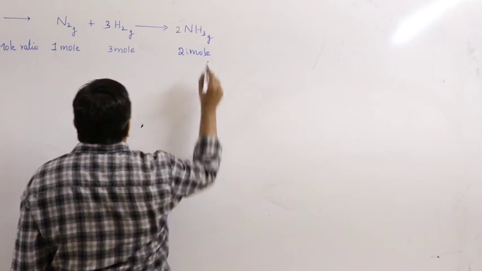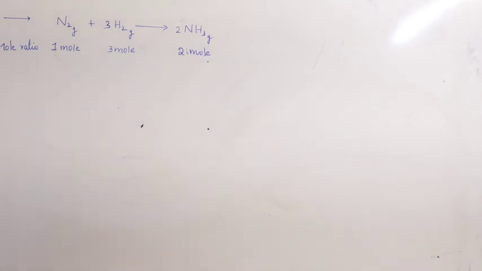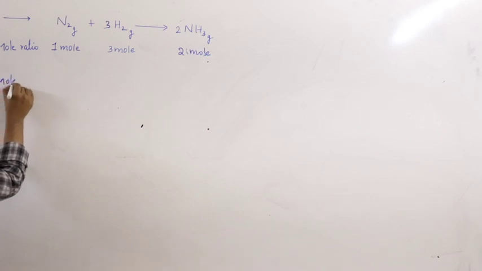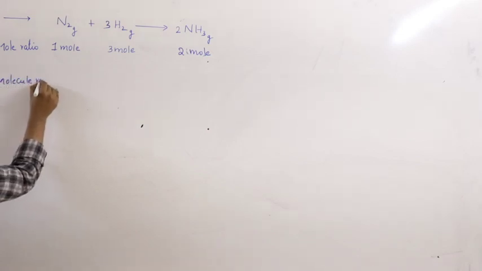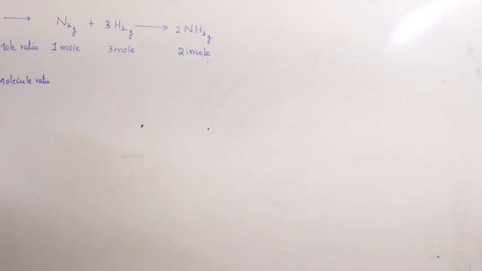2 moles of ammonia. This is the mole ratio. Next, the molecule ratio. 1 mole equals Avogadro number of molecules.